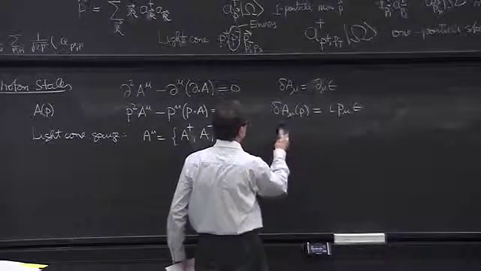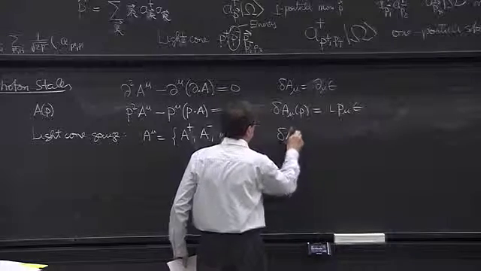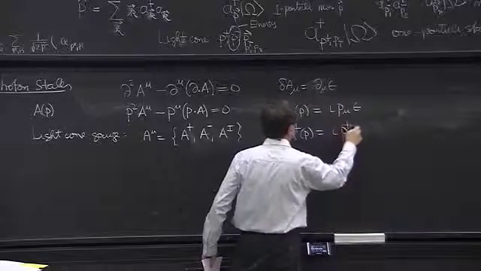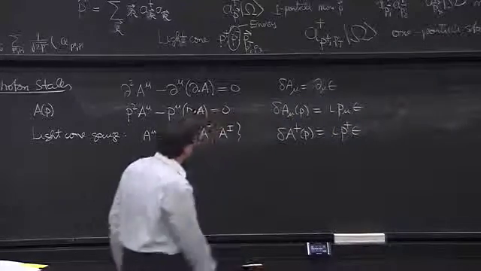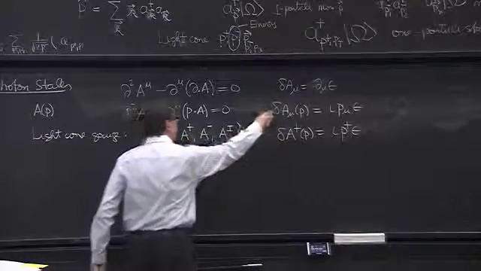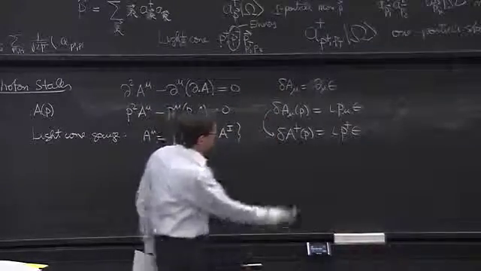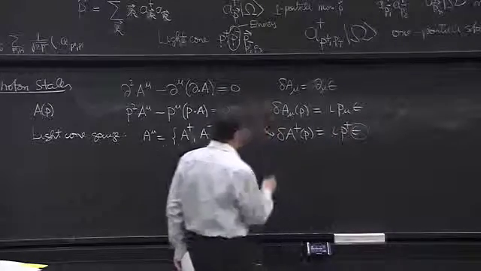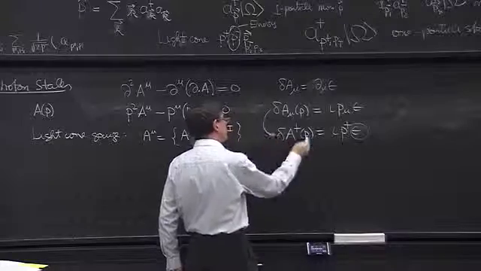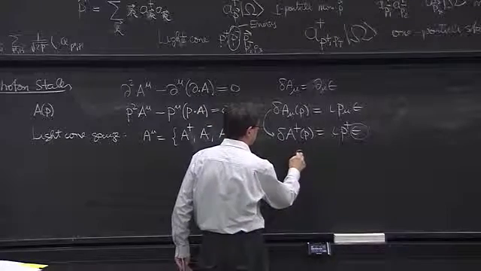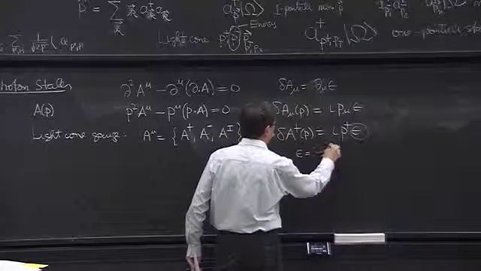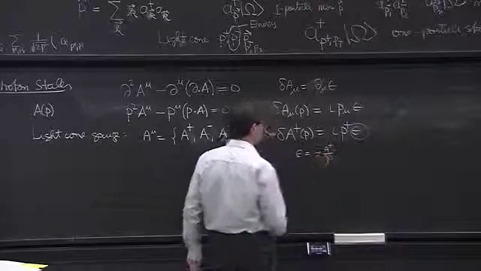I can put delta A plus of P equals i P plus epsilon. That's a gauge transformation of A plus from here. And since epsilon is arbitrary, you could choose anything to gauge away A plus. You can say, let me have epsilon equals minus A plus over iP.